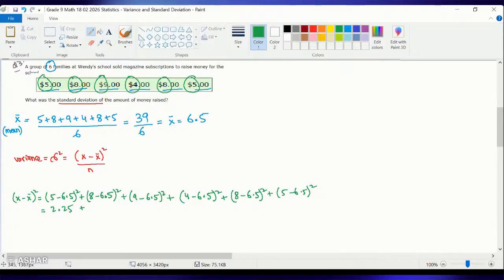How can that be possible? 5 minus 6.5 is minus 1.5. Squared is 9 upon 4. Oh yeah, they both are 1.5.